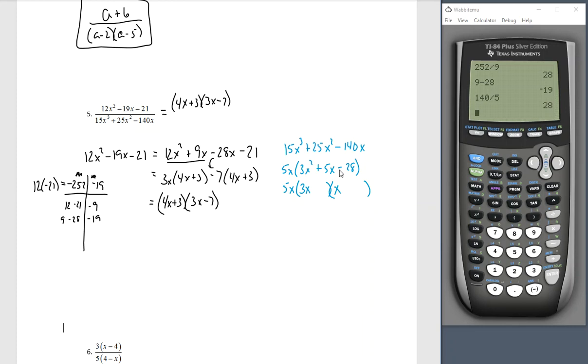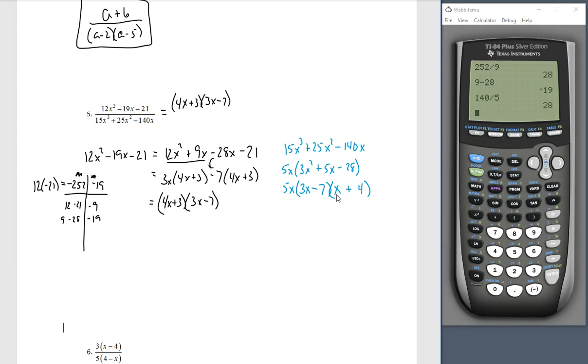Because the 28 is negative, I know one of these will be negative and one of these will be positive. And so what I'm hoping is, I'm going to put in the factor I really want to be there and see what has to happen, and then I'll check my result. So if this is a 3x minus 7, what do I multiply by negative 7 to get a negative 28? That'll be a positive 4.